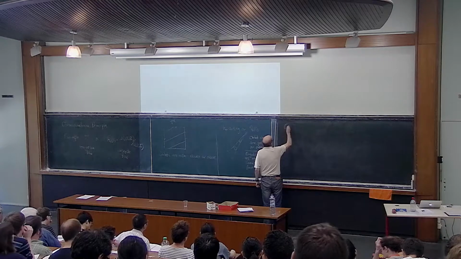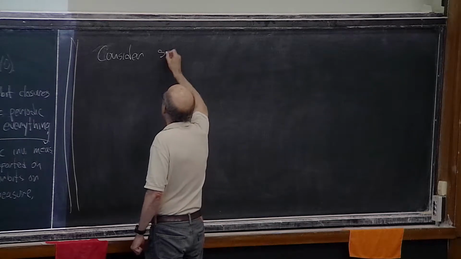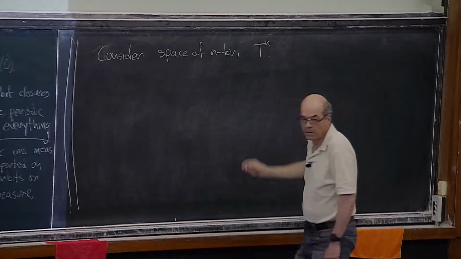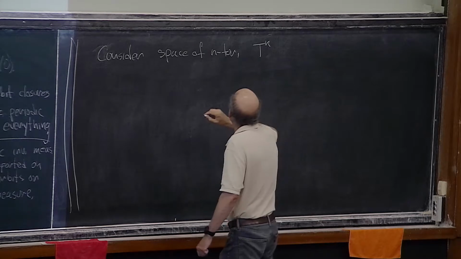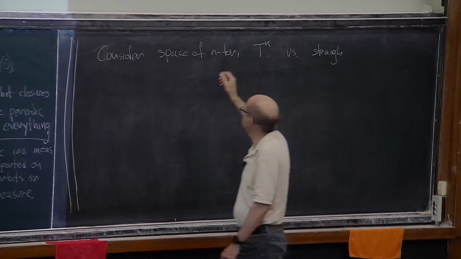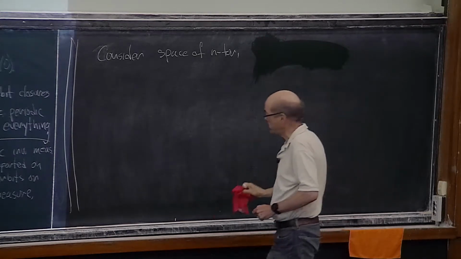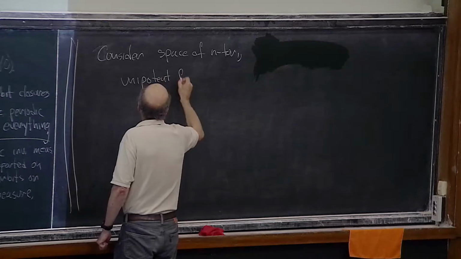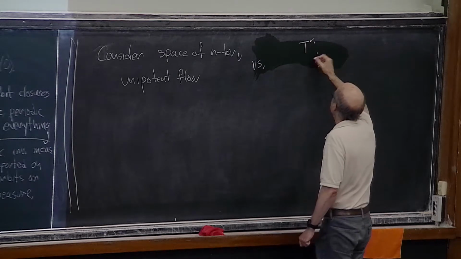So if we consider, instead of SL2R, the space of n tori, En, again there's a correspondence principle between, on the one hand, the space of n tori with unipotent flow, and on the other hand, the torus itself with straight line flow.